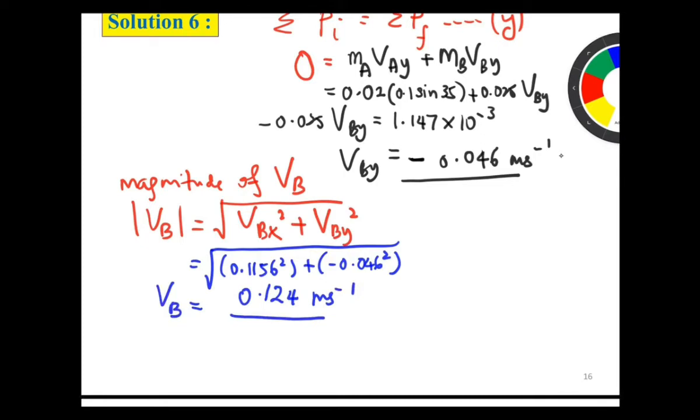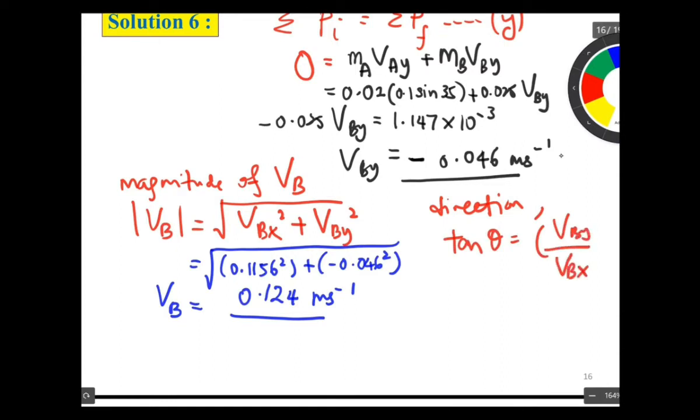Okay. So direction dia, berapa direction dia? Direction theta dia berapa? Direction tangent theta is equal to VBY divided by VBX. So theta is equal to shift tangent.